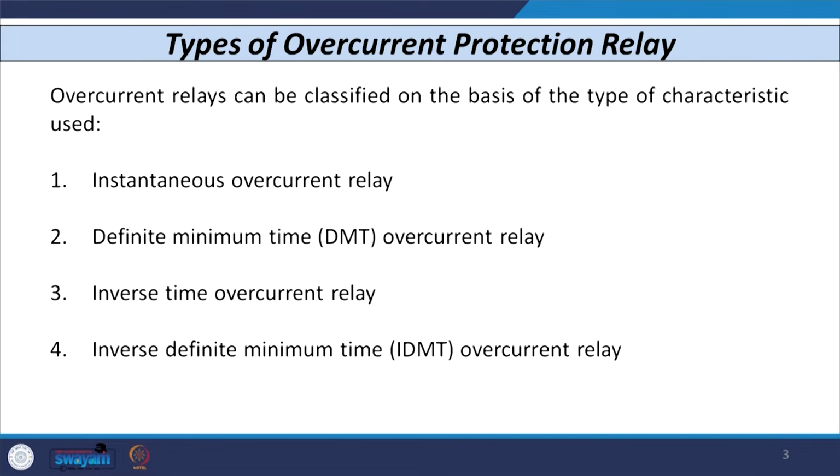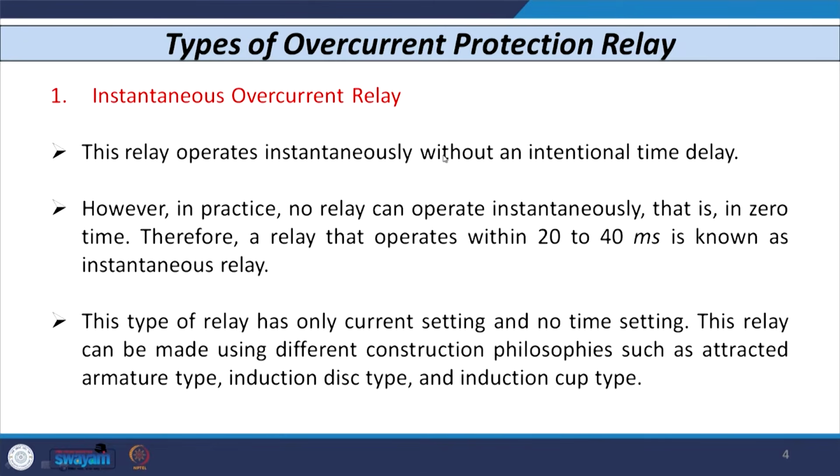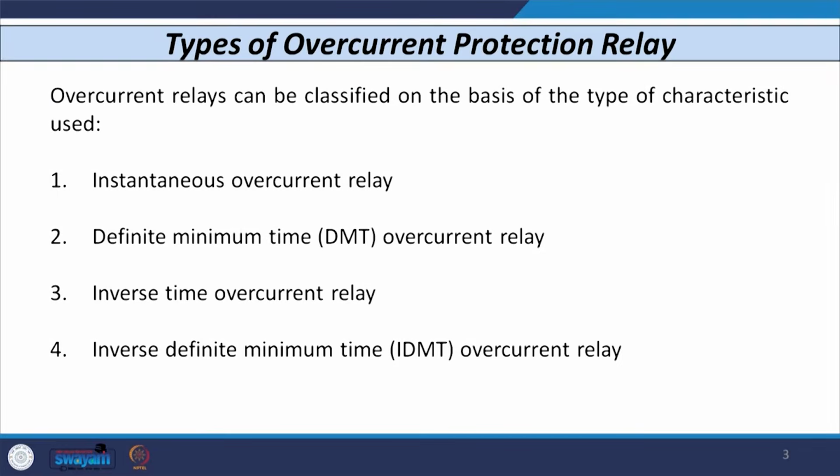The first type is the instantaneous overcurrent relay. The second type is the definite minimum time overcurrent relay. The third type is the inverse time overcurrent relay, and the fourth type is the inverse definite minimum time overcurrent relay.